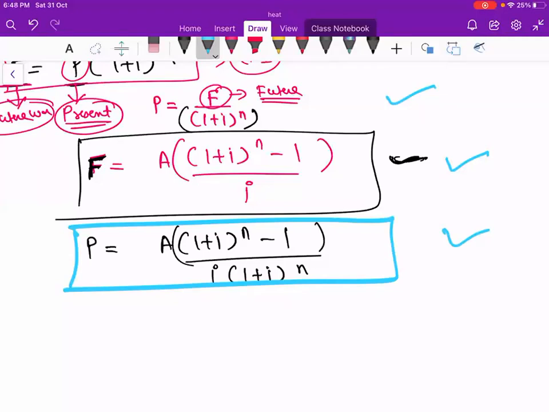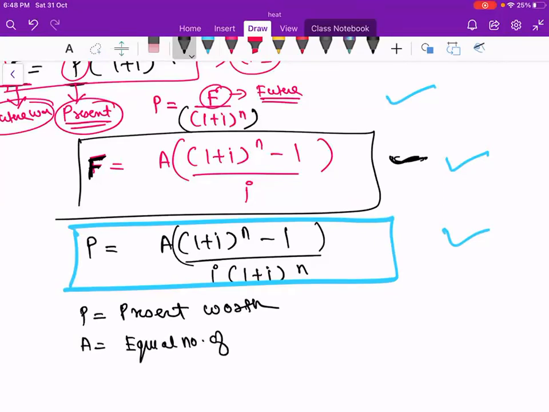I will write all notations once. P is present worth. A is equal number of payment. And F is future value.